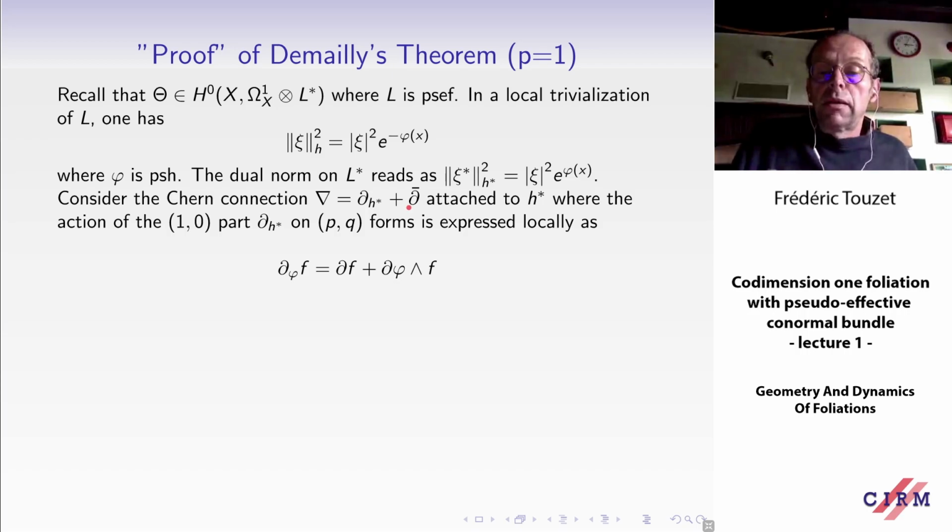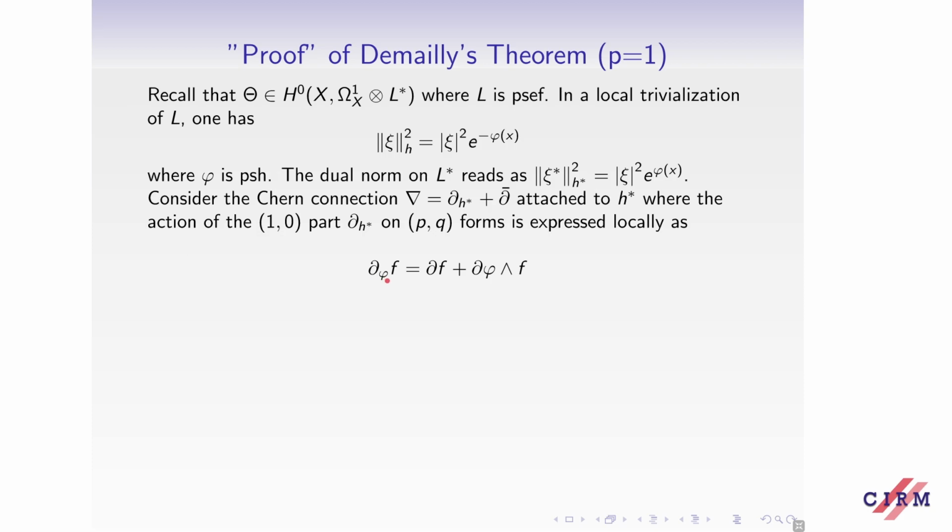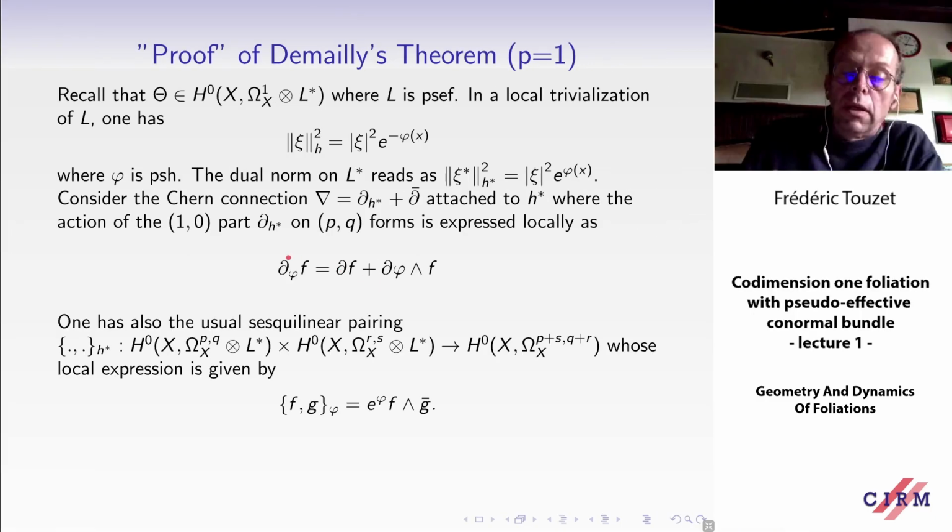And it is well known that there is an action of these connections on the twisted p,q forms, which expresses locally as D_phi f equal to df, so normal d, plus d phi wedge f.